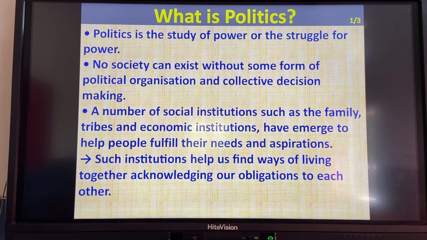A number of social institutions such as the family, tribes and economic institutions have emerged to help people fulfill their needs and aspirations. Such institutions help us find ways of living together, acknowledging our obligation to each other.